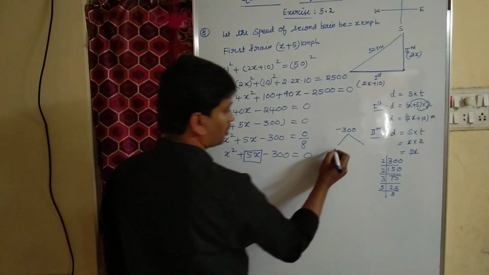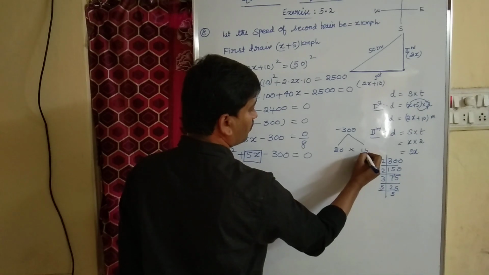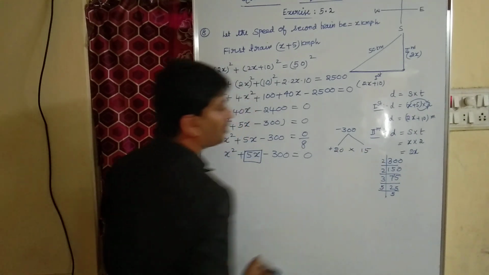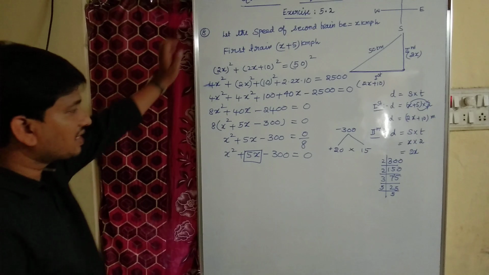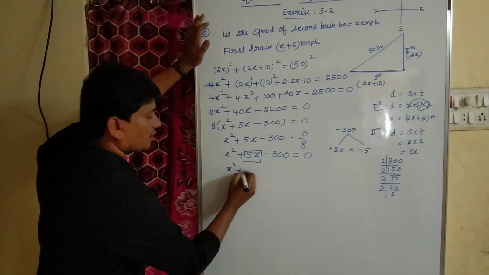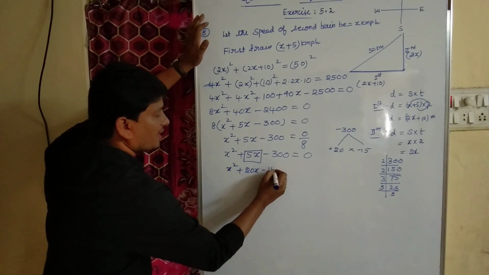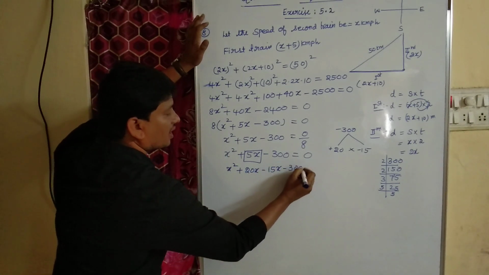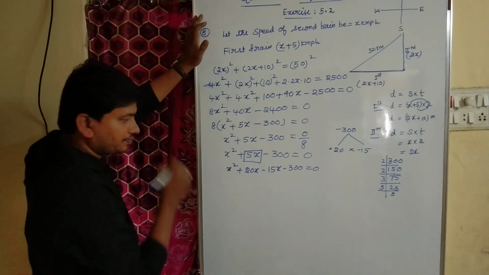Yes. 20 into 15. I mean plus 20 minus 15. So x square plus 20x minus 15x minus 300 equal to 0.